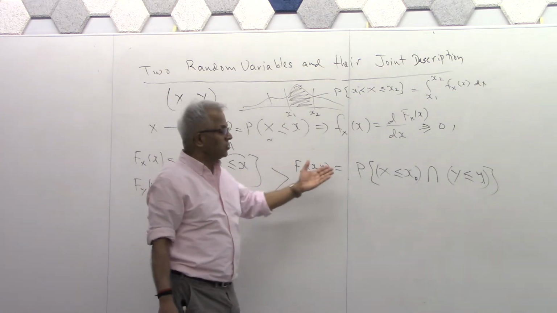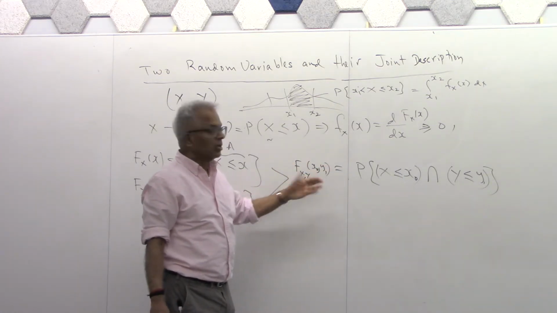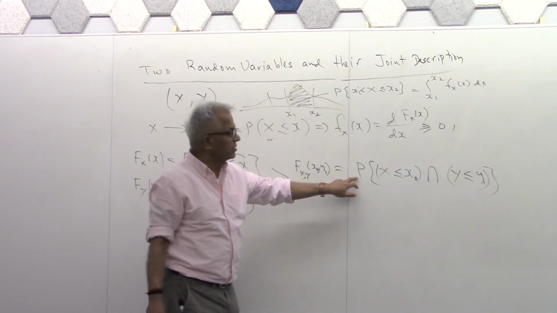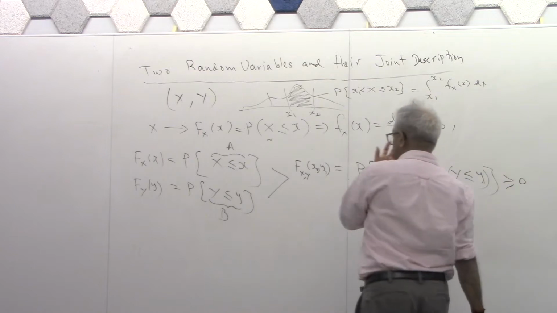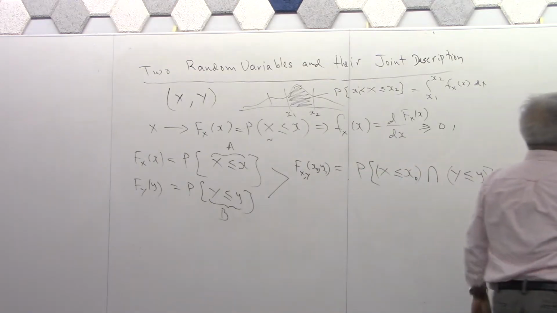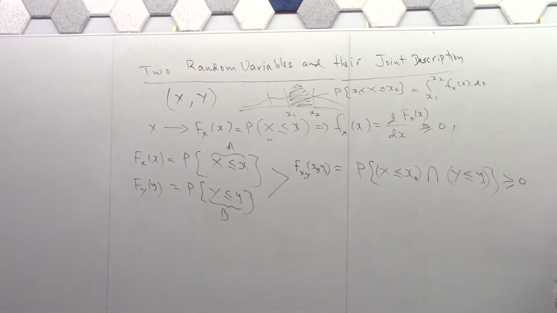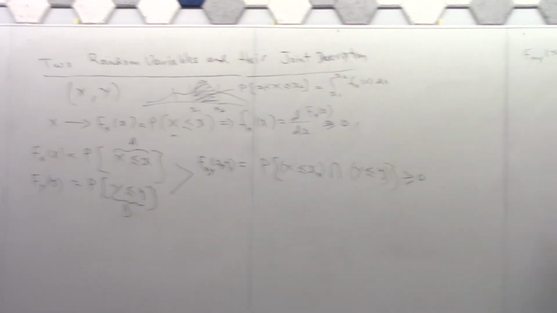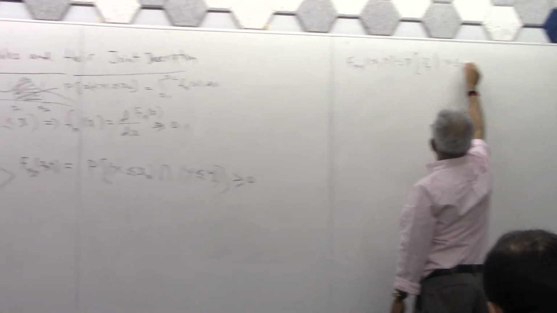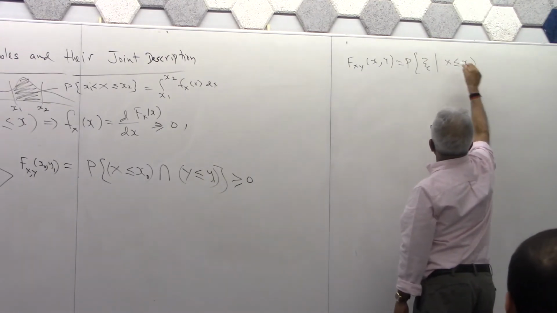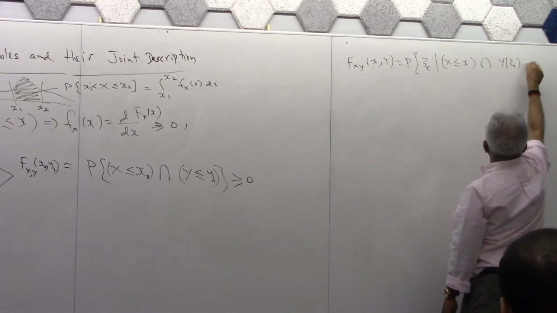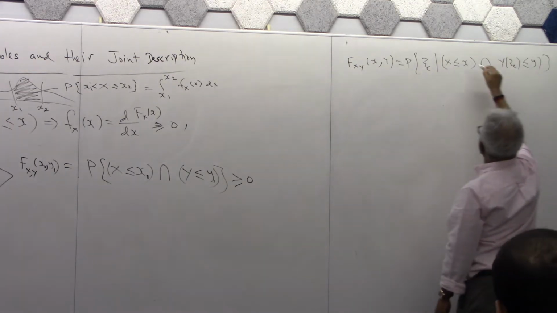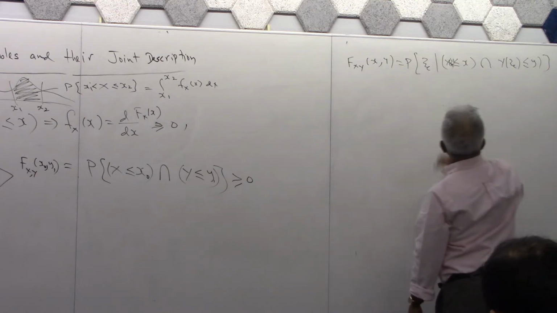So the question is, what are the properties of this function? You can clearly see that whatever it is, it is a probability, so this is a non-negative function. F_XY(x, y) is the probability of the set of all events such that X(ξ) is less than or equal to x and Y(ξ) is also less than or equal to y.